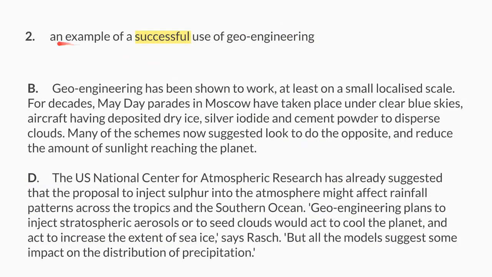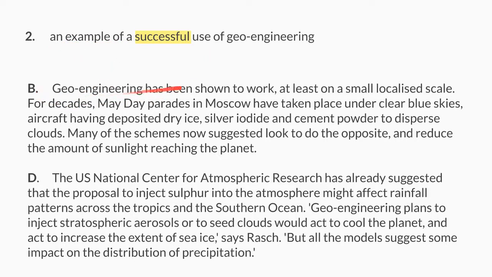Question number 2 is an example of a successful use of geoengineering. So we're looking for an example that is successful, a successful example. So here we have these two paragraphs. We're going to be comparing paragraph B and D. So let's look for synonym words and substitutes for the word successful. We are specifically looking for an example. That is the specific information that we are searching for.